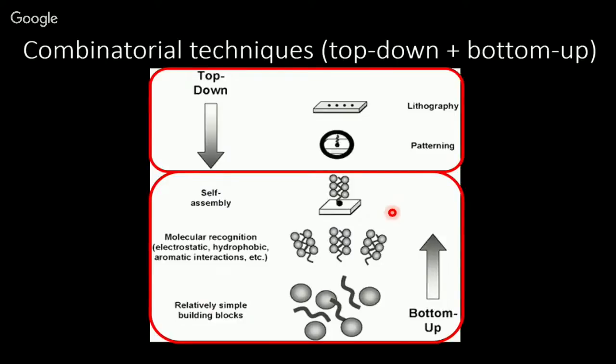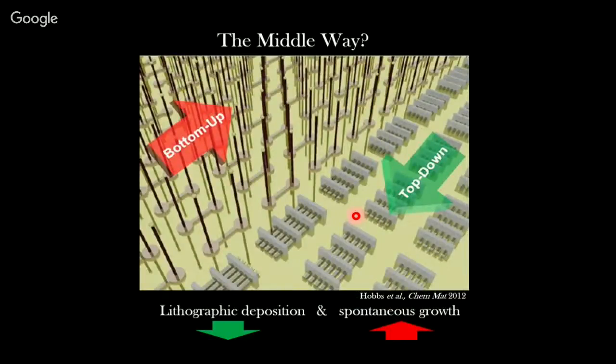This is another example where you go top down, with a lithography method, and bottom up, with self-assembly. So you're self-assembling something on a surface and then adding the lithography method. I mentioned this yesterday, so we're going to skip that.